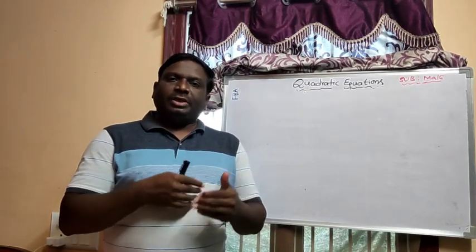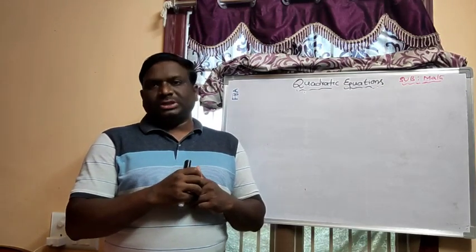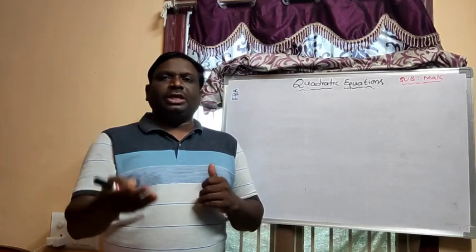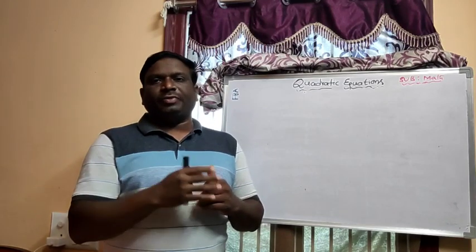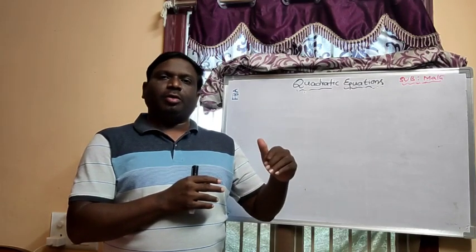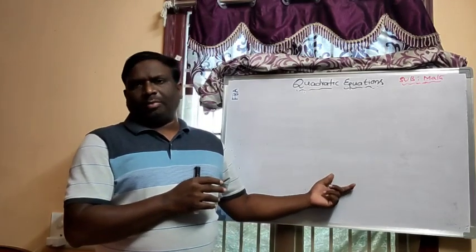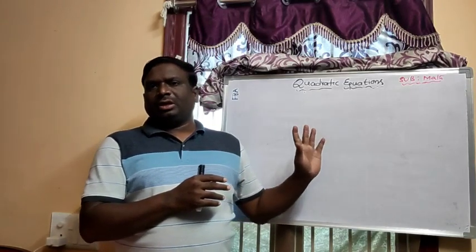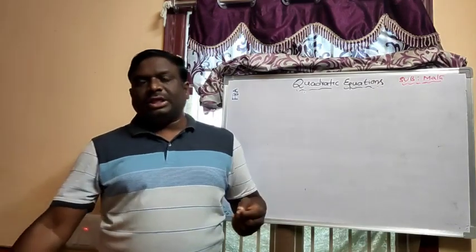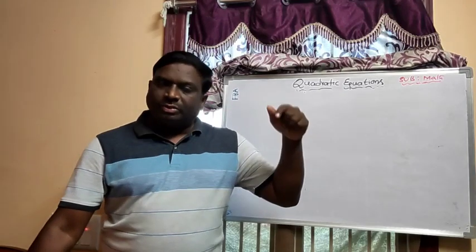So we need to frame the equation by using that word problem. If you know how to frame the equation from the word problem, then you can do the simplification by using completing square or formula method.